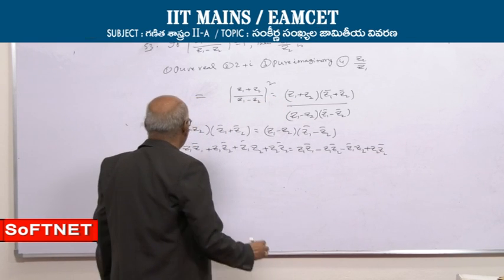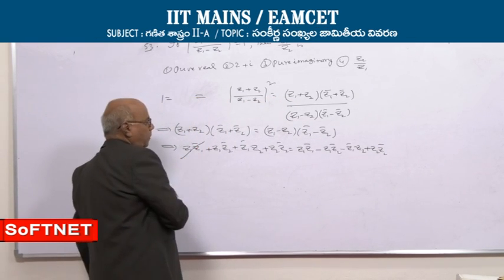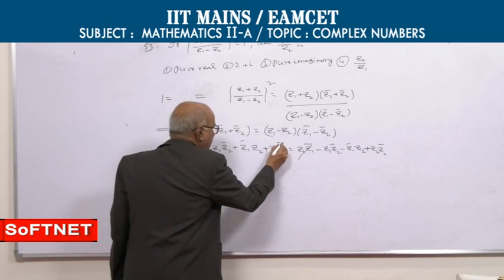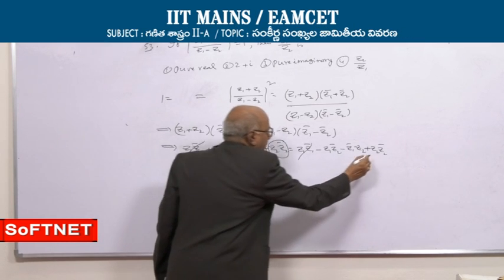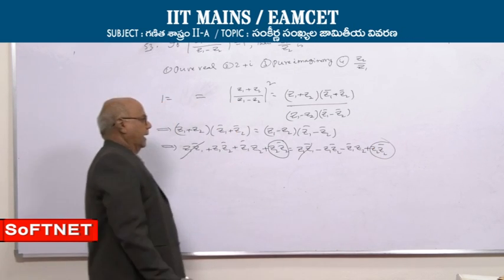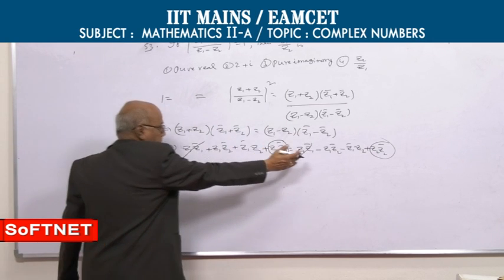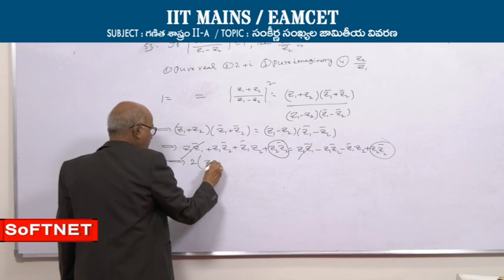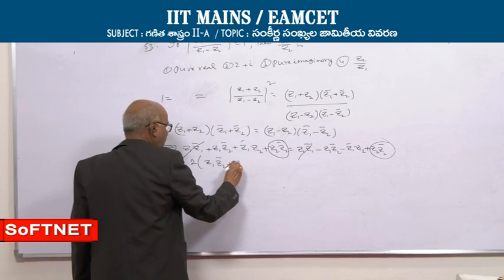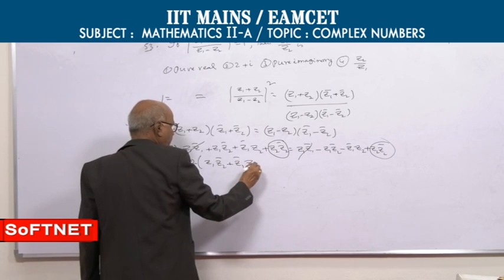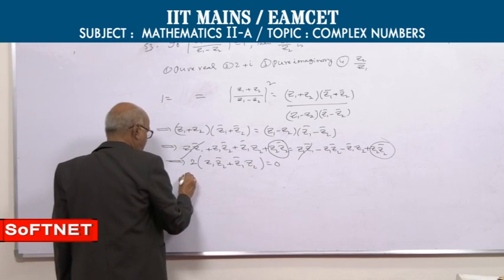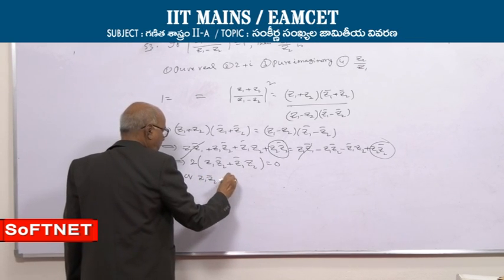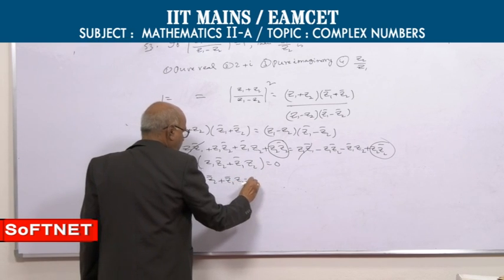Now you can cancel this: Z1 Z1 bar and Z1 Z1 bar will cancel, and Z2 Z2 bar and Z2 Z2 bar will cancel. So if you take this to this side, that indicates 2 into (Z1 Z2 bar plus Z1 bar Z2) is equal to 0, or Z1 Z2 bar plus Z1 bar Z2 is equal to 0.